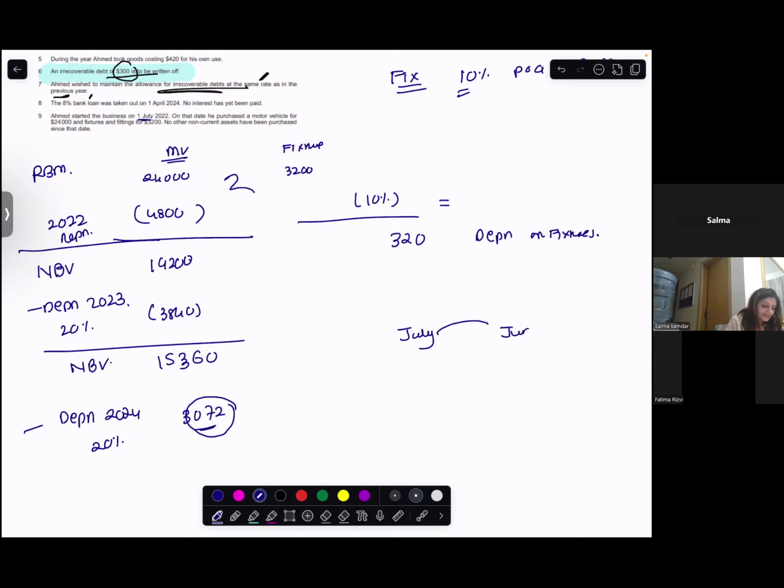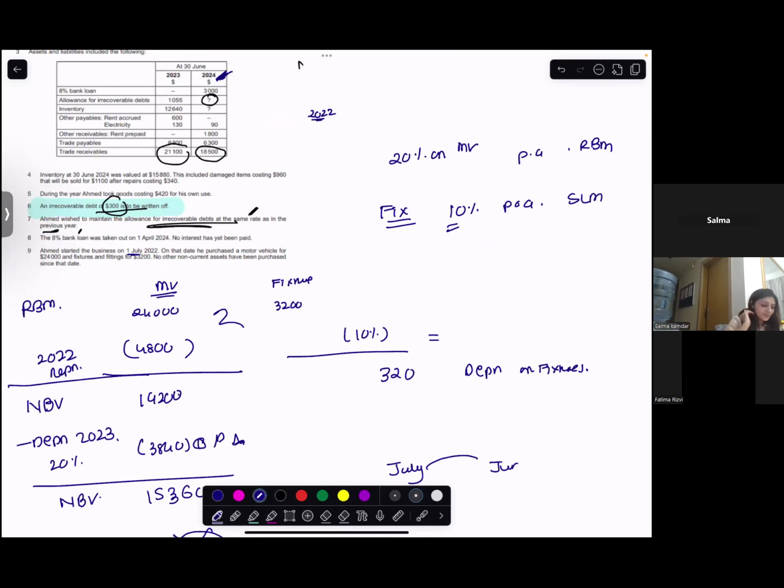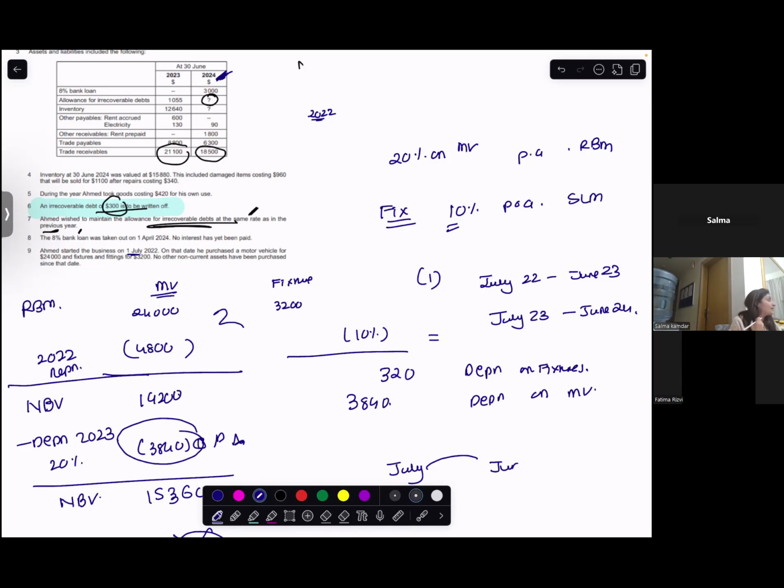No, I need this depreciation actually, I don't need that one. My year is ending on 2024. So July 22 to June 23 would be my first year, and the second year would be July 23 to June 24. So depreciation on motor vehicles would be 3,840. Are you with me? Yeah.